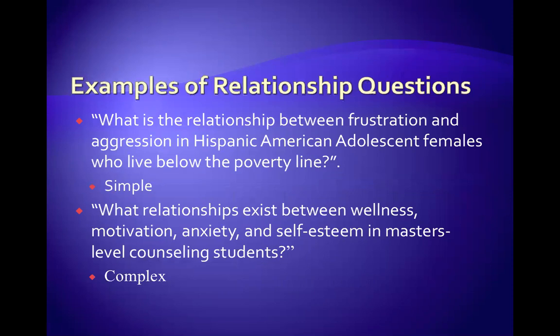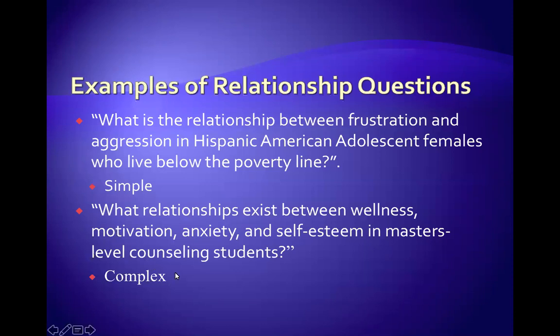What is the relationship between frustration and aggression in Hispanic American adolescent females who live below the poverty line? That is very simplistic because they're only looking at two variables, frustration and aggression, which you would use a bivariate statistic. Most likely you would use Pearson product correlation. So that's a very simple question.